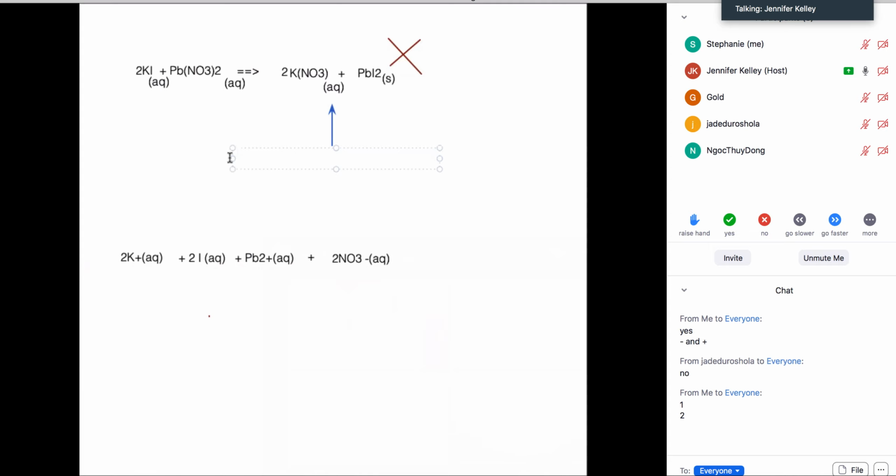So when it says 2KNO3, that means there is a KNO3 and another KNO3, and they're both aqueous. And then the other thing we have is a PbI2 solid. Now we can go ahead and write down the PbI2 solid because that doesn't fall apart.